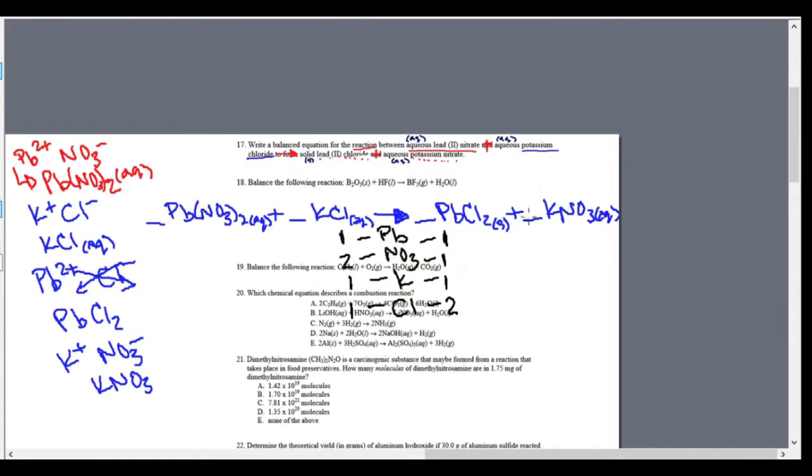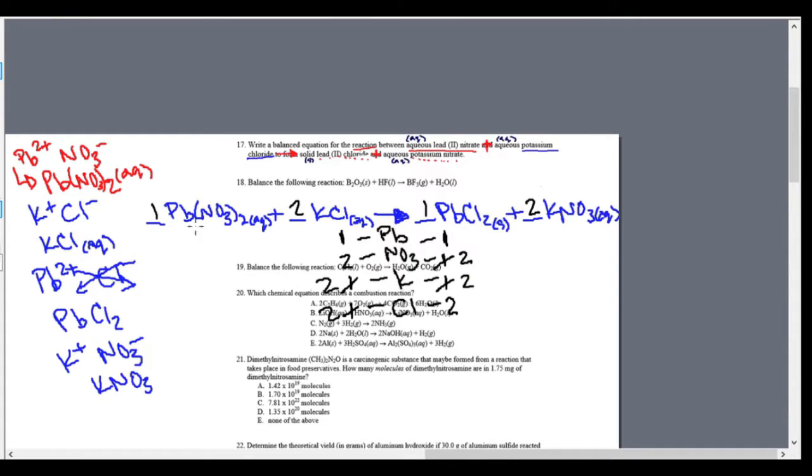Let's put a 2 right here. So that's going to boost that up to 2, that up to 2. And then looks like we need 2 chlorine over here. That boosts that up to 2, and that up to 2. So 1, 1, 2, 2, 2, 2, 2, 2. Perfect. Looks like we're good there.